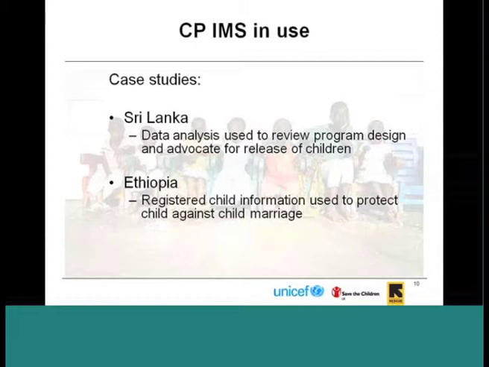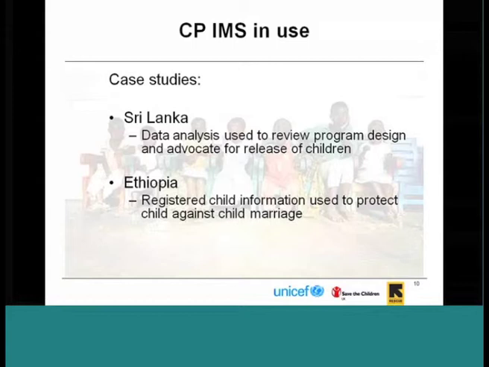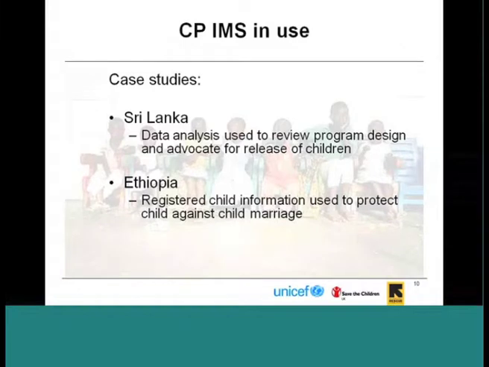So they went back into the database, opened up her file again, and looked up the information that they had on the file. They were able to use the information from the CPIMS to corroborate that the girl was actually underage, according to the legal marrying age in Ethiopia, and were able to use this information to advocate and discuss with the family and protect the girl against the marriage, and the marriage was actually cancelled.